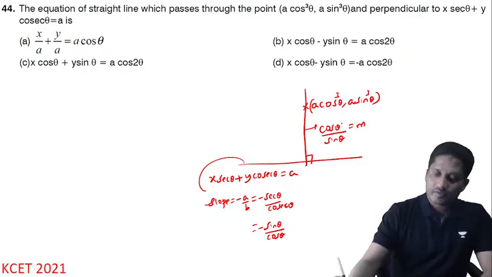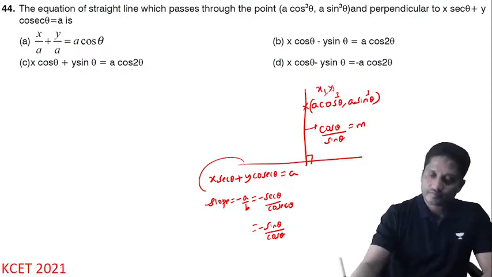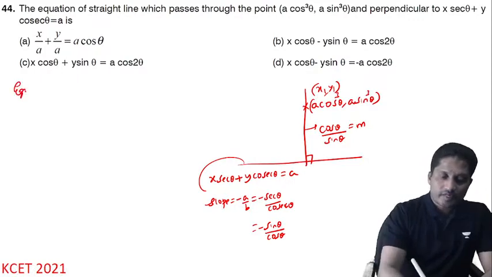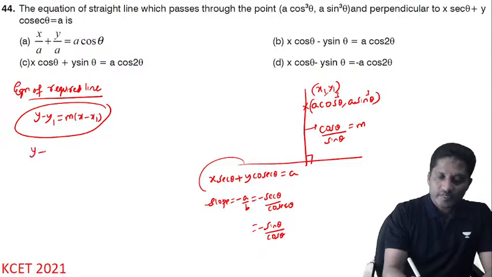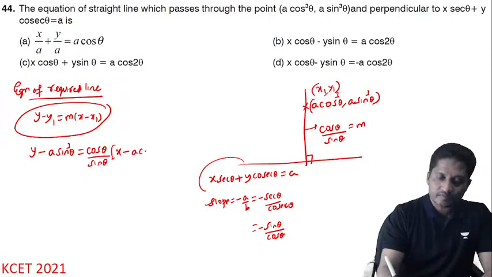Now the required line, this is x1, y1. Equation of the required line will be y minus y1 is equal to m into x minus x1. Now y minus y1 is y minus A sin cube theta, is equal to m, that is cos theta by sin theta, into x minus A cos cube theta.